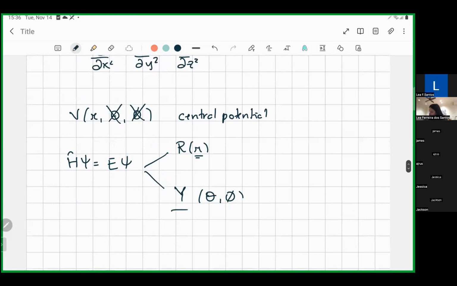We already solved this part. This is the one that we call spherical harmonics. We said that this spherical harmonics depends on L and M, where L and M are integers.